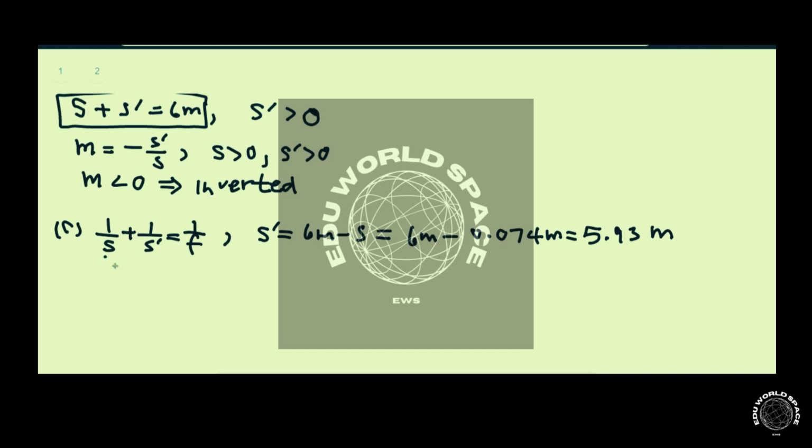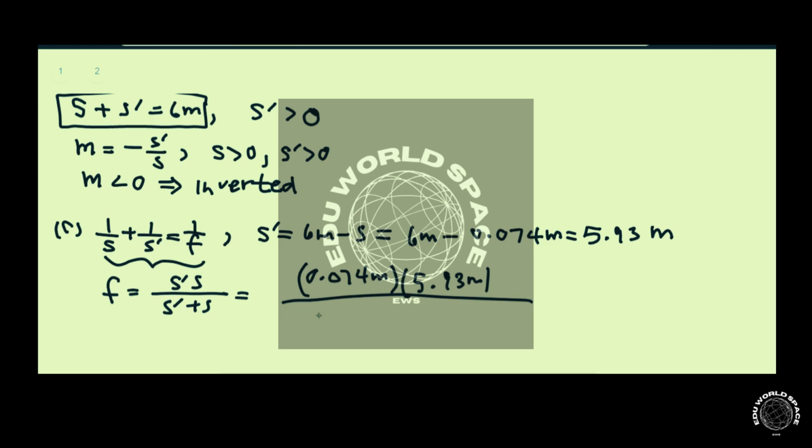Okay, so now I can just solve this equation for F, since I know S and S prime. So F is equal to S primed S over S primed plus S, which is 0.074 meters times 5.93 meters divided by, well, this had better be 6 meters.